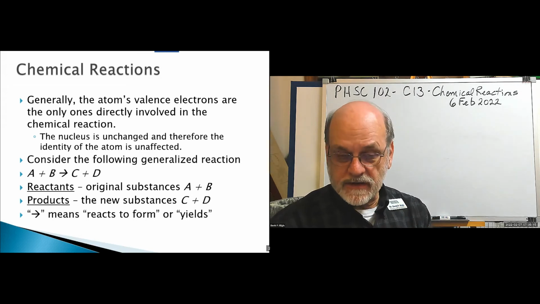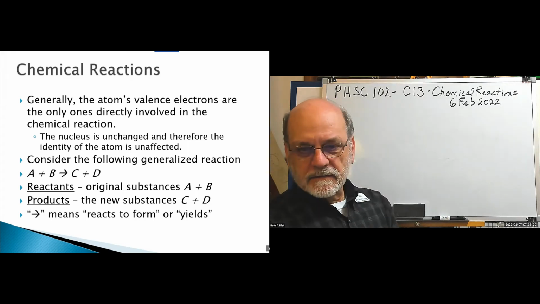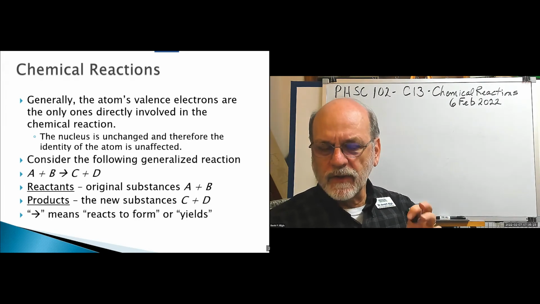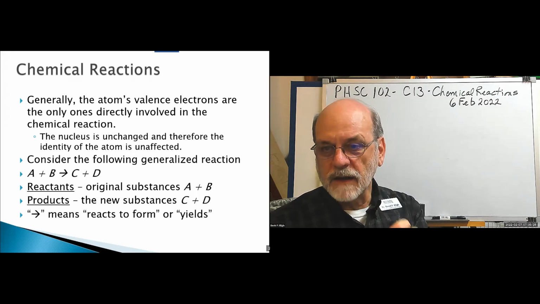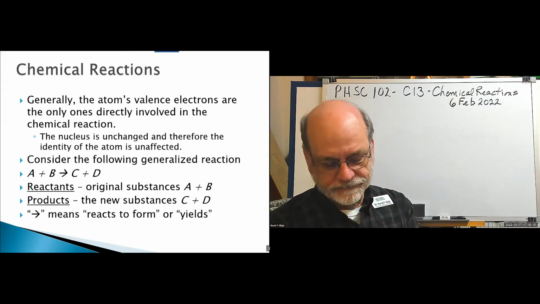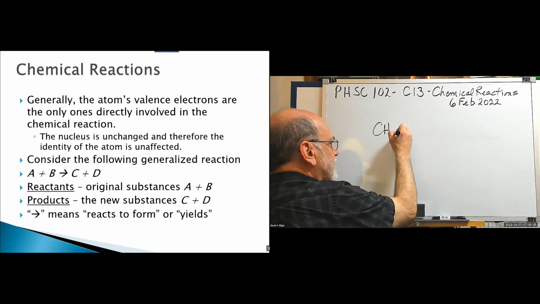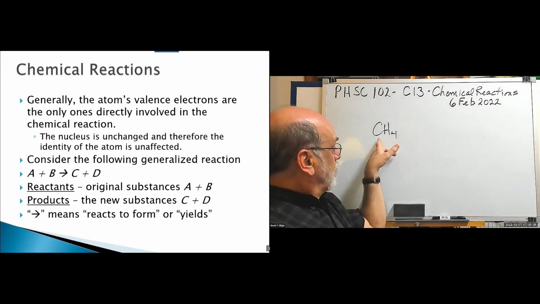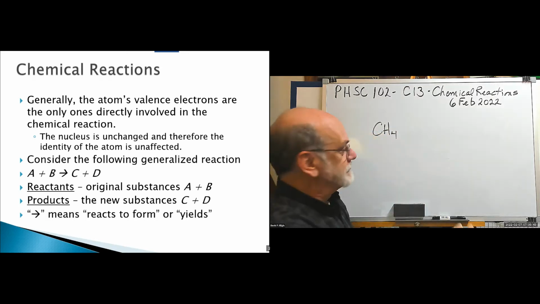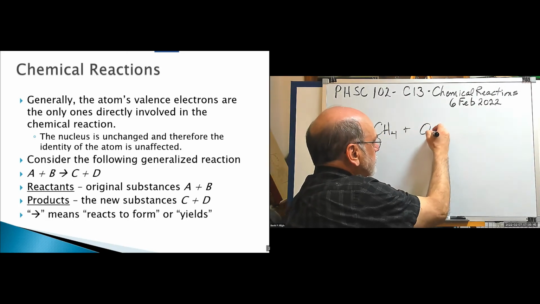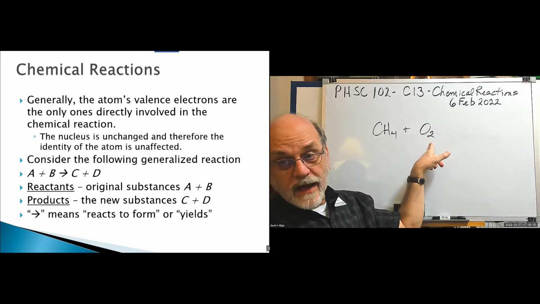Okay, so when we write this chemical reaction, there are conventions that are agreed upon by scientists everywhere. Let's use our example of methane combustion that I described earlier. So methane is written like this. That compound, 1 carbon, 4 hydrogens together in a single molecule, combined with oxygen gas, and notice that oxygen is diatomic.